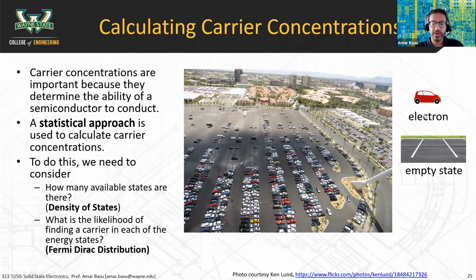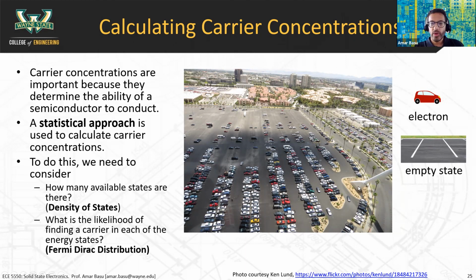An electron can occupy a state if the car is parked there, or the state can be left empty. An empty state would be considered a hole, and an electron in a state would be considered an occupied state.